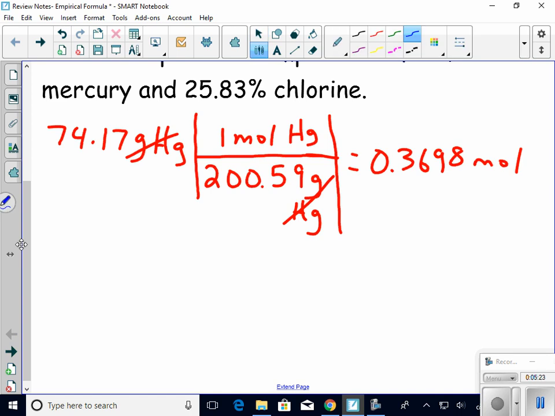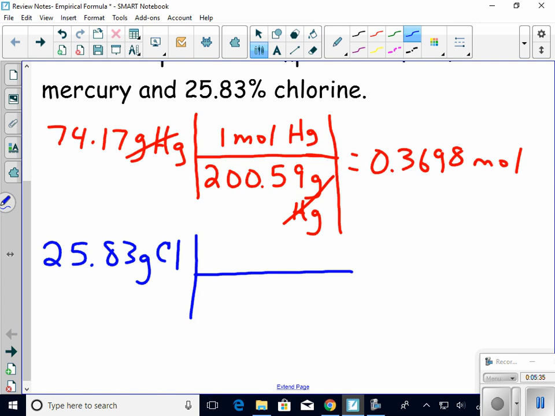The second one, the same thing. 25.83 grams of chlorine. When I look at my periodic table, I see that chlorine is 35.45 grams of chlorine is 1 mole of chlorine. So I convert this into moles of chlorine.